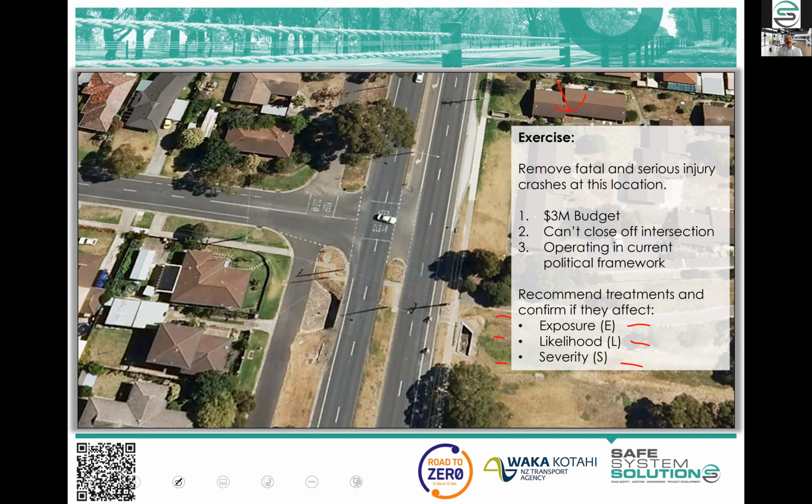I've moved a bit away from that now. I look at the crash history, but I take that as one part of what I'm doing. And the reason for that is that crash history is a presentation of crash risk.